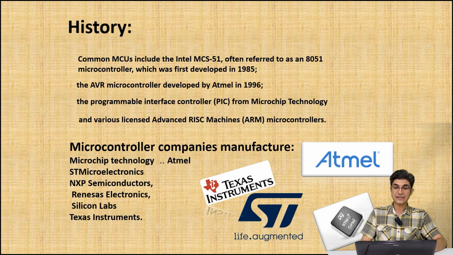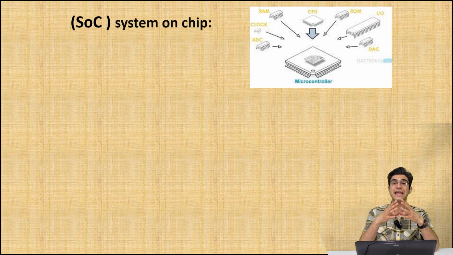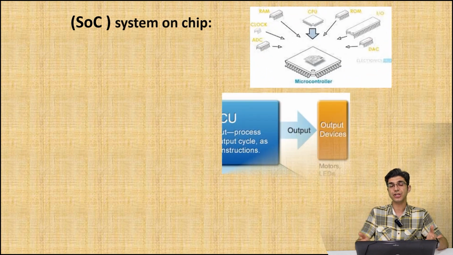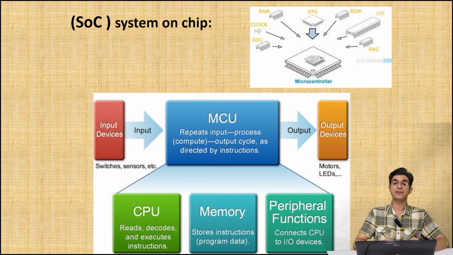In the next slide I will explain what a system on a chip is. The system on a chip is another name for microcontrollers, especially when you have everything inside one microcontroller. As you can see, as I told you, the I/O input and output pins, RAM, and of course the CPU, and they have one internal clock because all of these parts should be synchronized with each other by the clock.